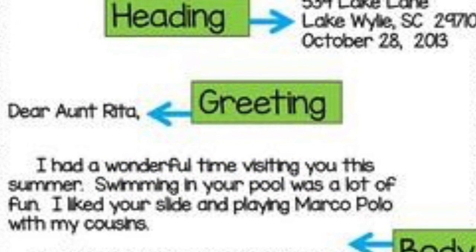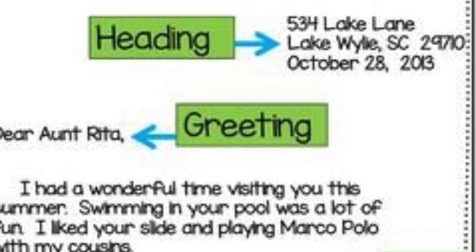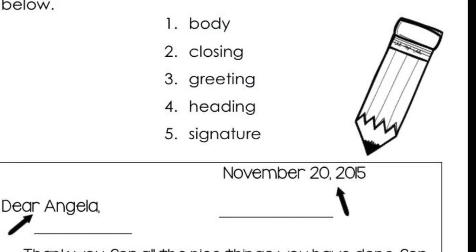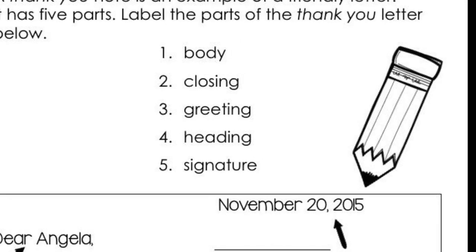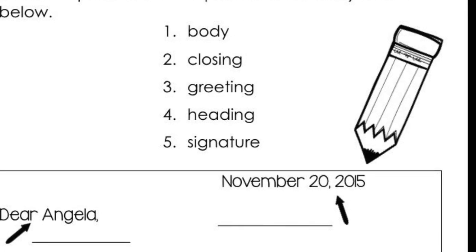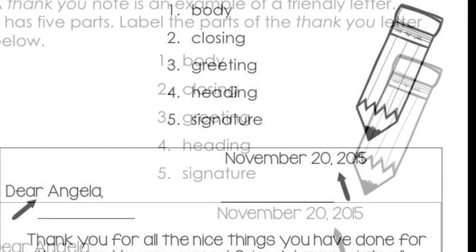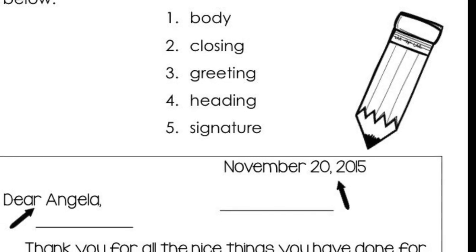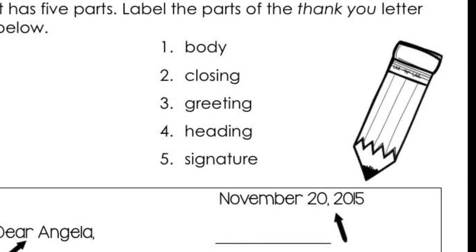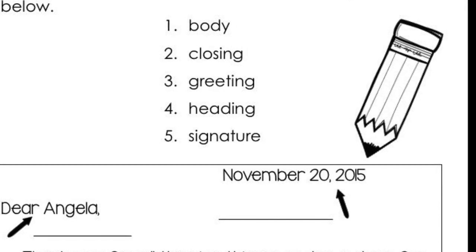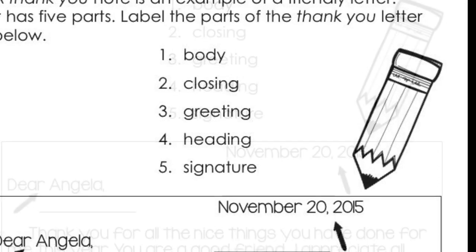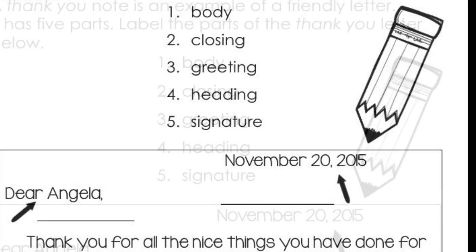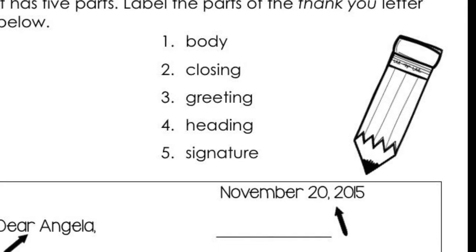So remember that those are part of a thank you letter as well. A friendly letter and a thank you letter both have a body, closing, greeting, heading, and signature. Now those ones aren't in order, but they do have all of those 5 parts. Those ones in that list aren't in order. I'm not quite sure why. Maybe they're using them to do like a little worksheet there.